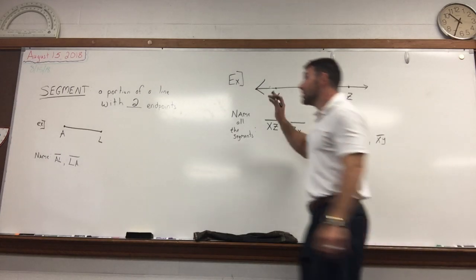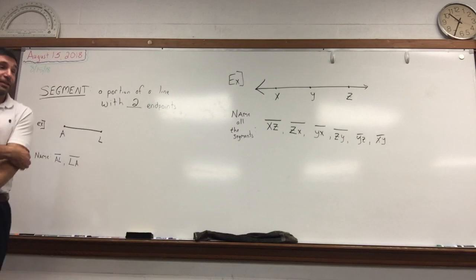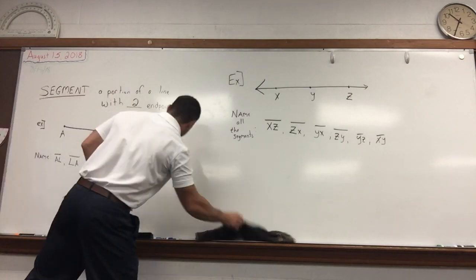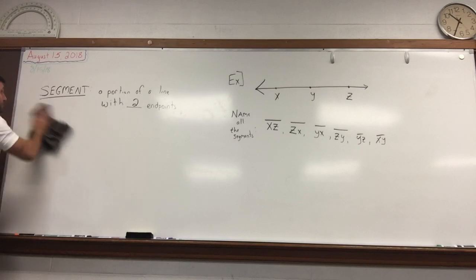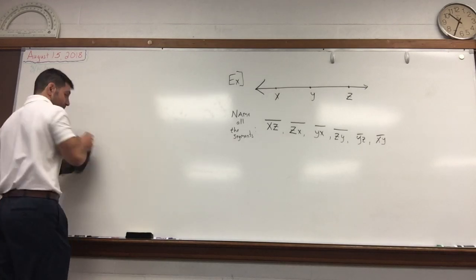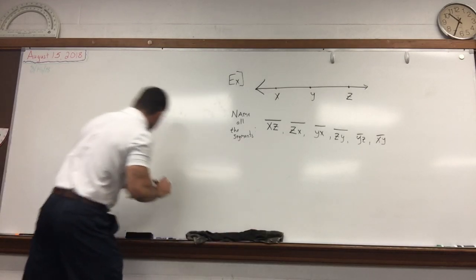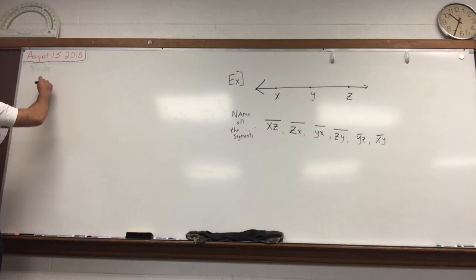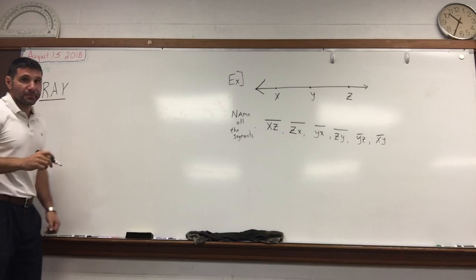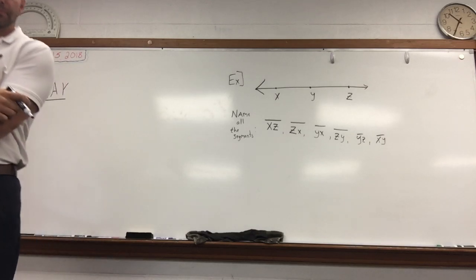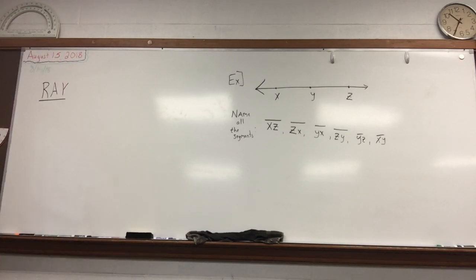Okay, that's segment. We've got one more for the day, and we've got a couple minutes, so I'm going to try to get through it. One more definition. We have the word ray.